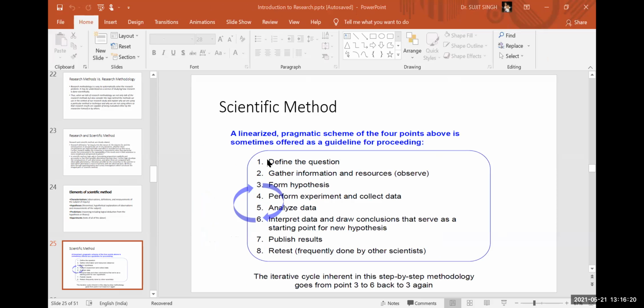The first step in our research should be to define the question. What question do you want to answer? What is the problem? What do you want to solve? For that purpose, you all are going to do your master thesis, right?